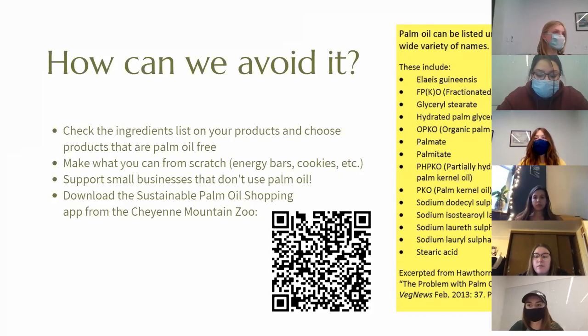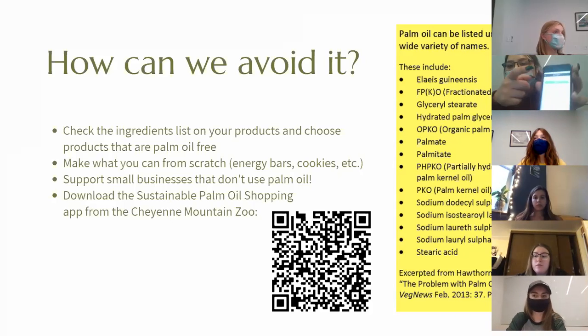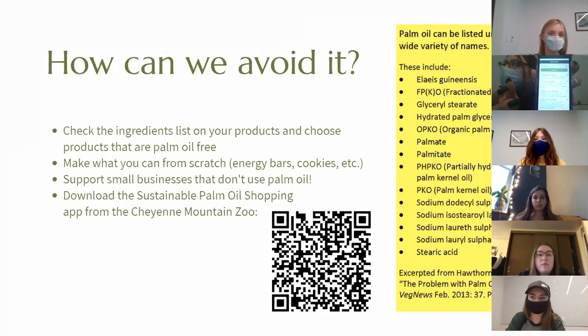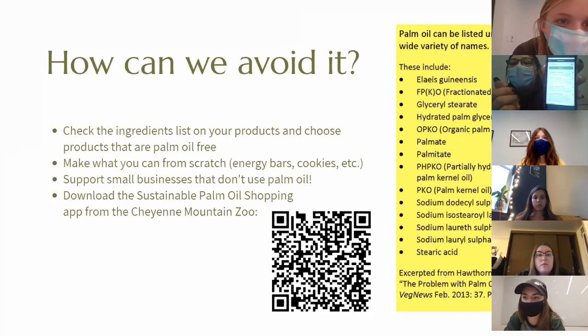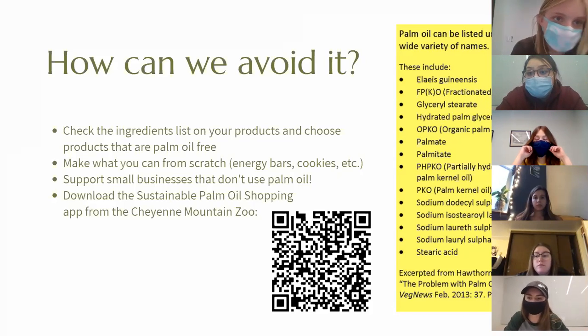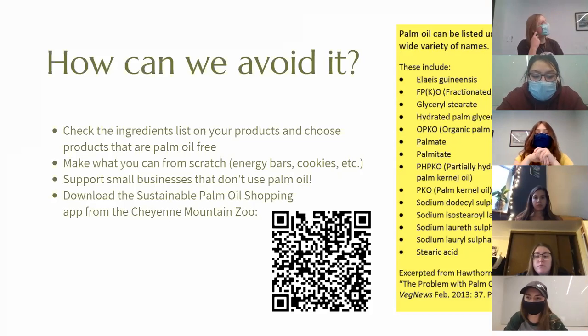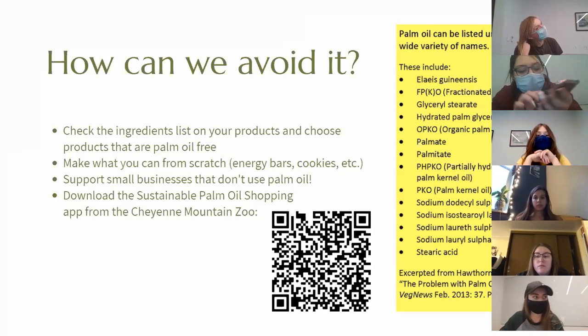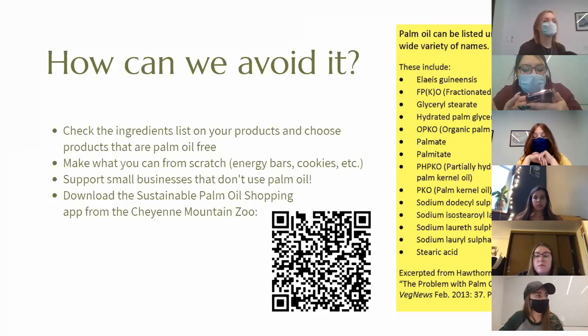This app is super cool. Oh, there we go. I don't know if you guys can see it. I just typed in chocolate and it gave me a bunch of different brands of chocolates, like Three Musketeers. There are different colors, green, red, and yellow, that tell you the levels of palm oil in that product.